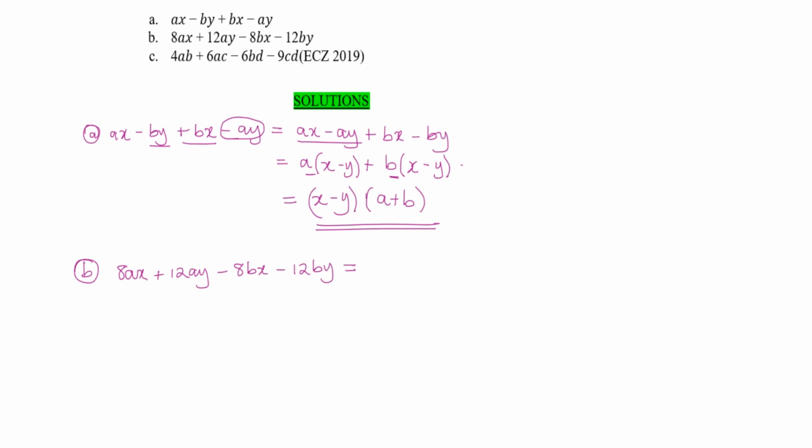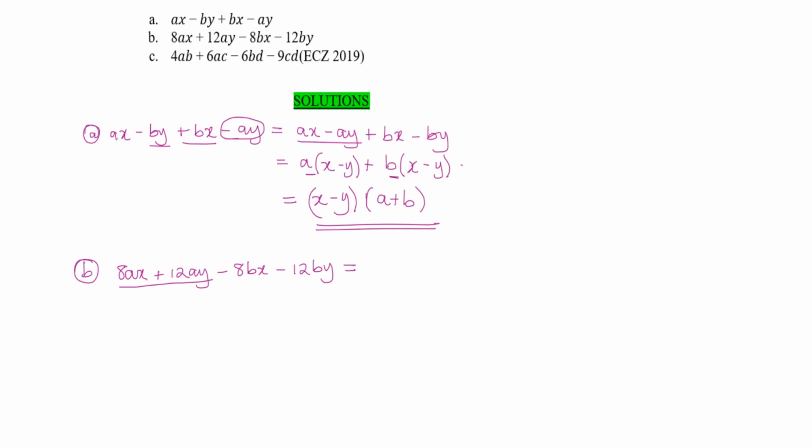Alright, so this is equal to, here we can see that between 8ax and 12ay, there is something that is common. The common factor can be found, so there is no need for us to start rearranging. We can just use the statement the way it is.